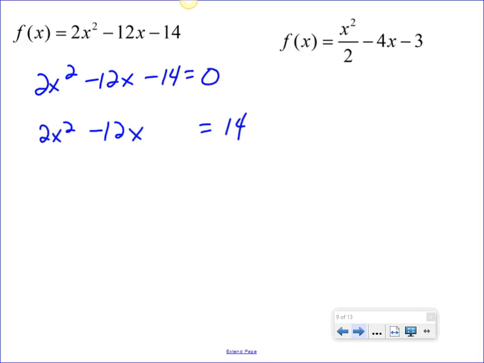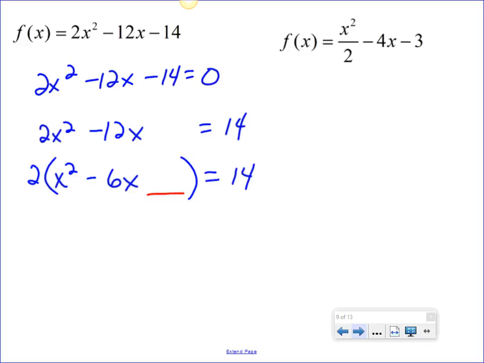And now what I want to do on this side, the left side, I want to factor out this 2. So if I factor out a 2, I'd have a 2 times an x squared minus 6x. Okay, so the process now, very similar to what we did before. We're looking for what gets added on here to complete this square.